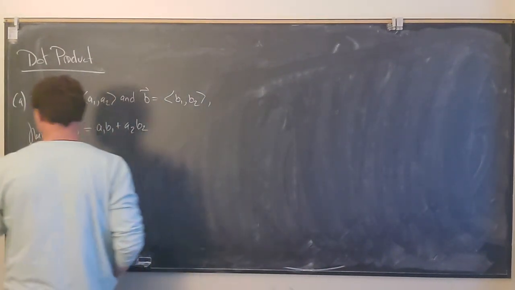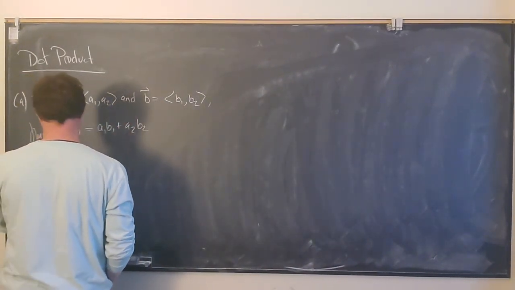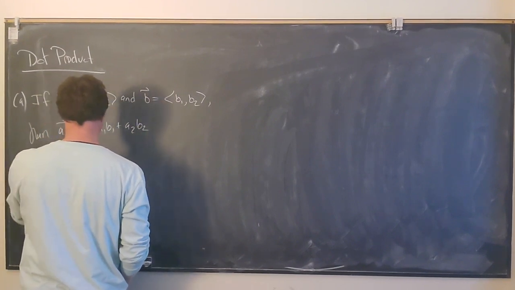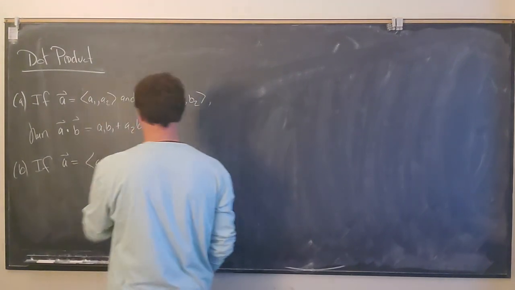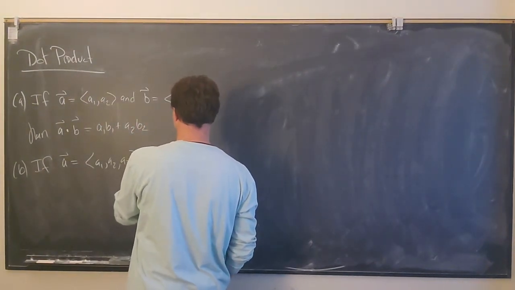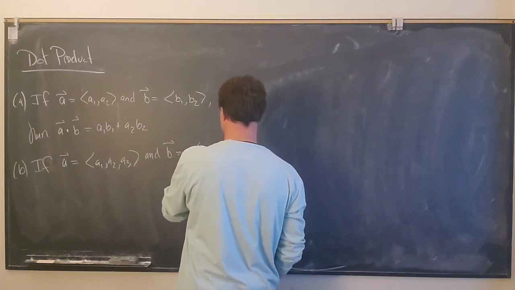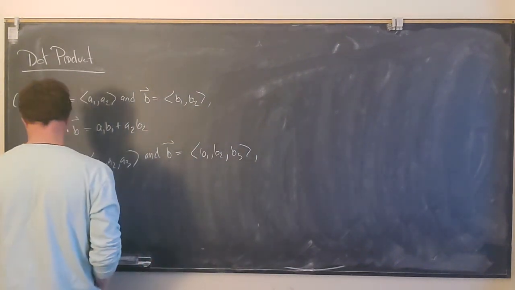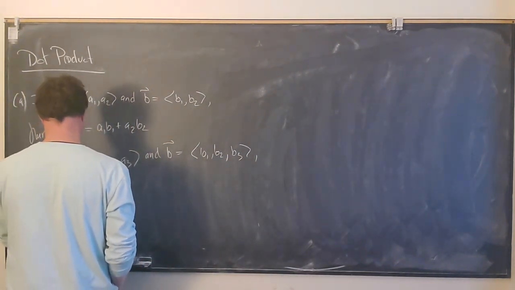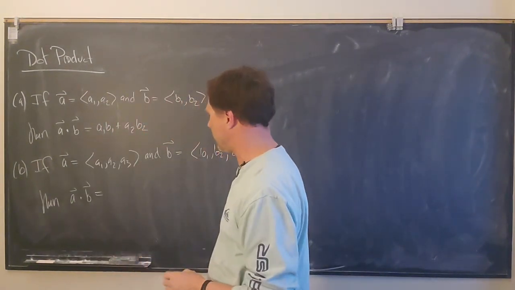And then if we have vectors with three entries, let's say A is A1, A2, A3, and B is the vector B1, comma B2, comma B3, then we have the dot product A dot B, and we're going to do the same thing here.